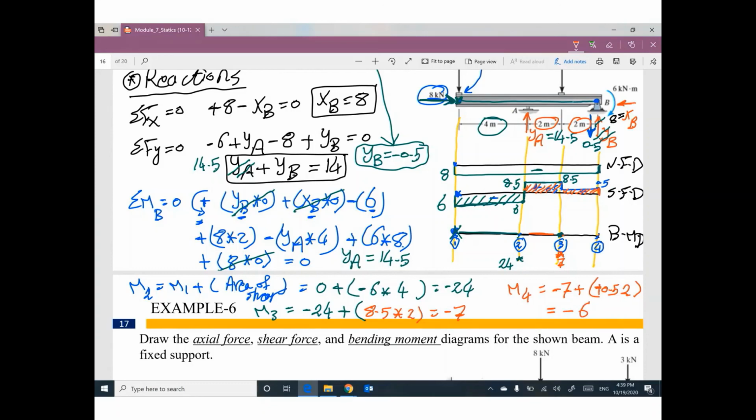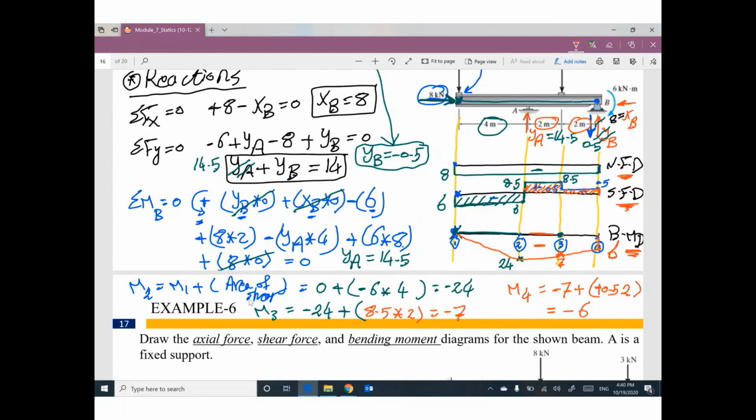So we have a value here, negative 6. Finally, I'm gonna connect this value and this value, this value and this value, and this value and the last value. And this diagram will be negative. Here is the bending moment diagram, shear force diagram, normal force diagram.